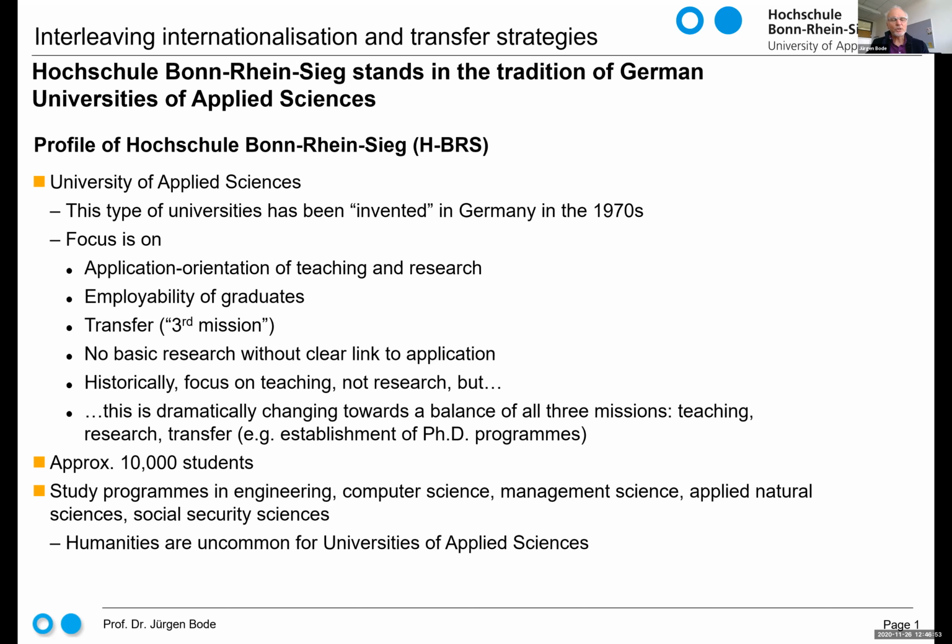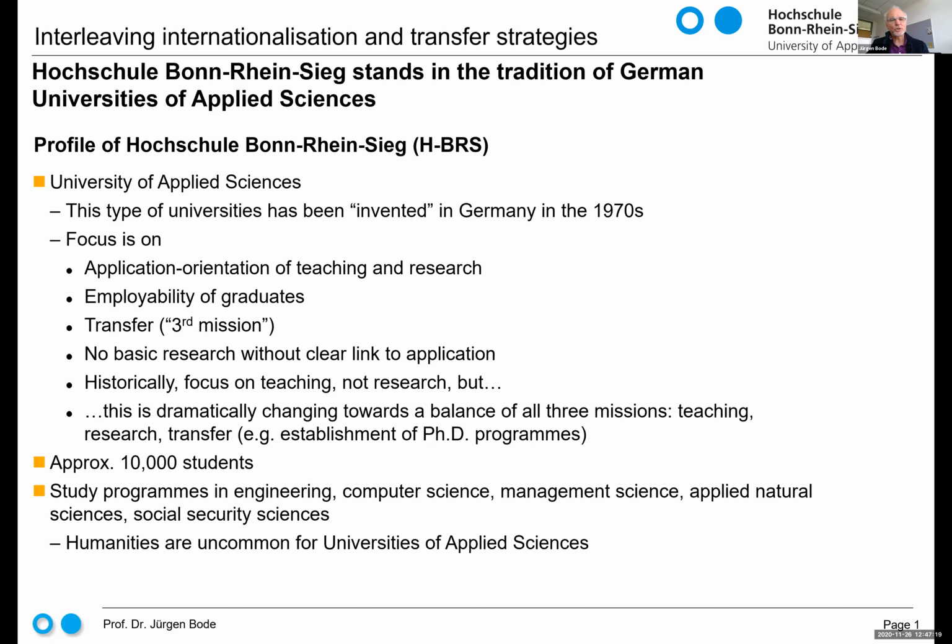And this change is maybe most obviously reflected in the establishment of PhD programs at universities of applied sciences, and also the legislation that step by step allows universities of applied sciences, in more and more directions, to award PhD degrees.